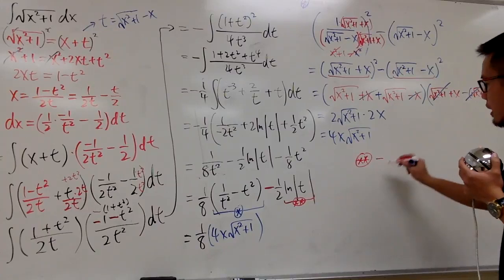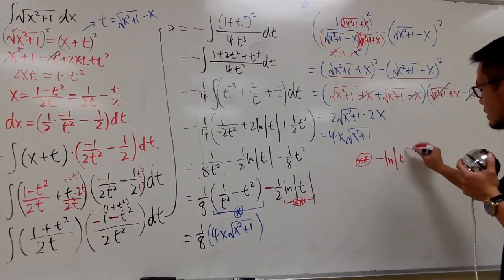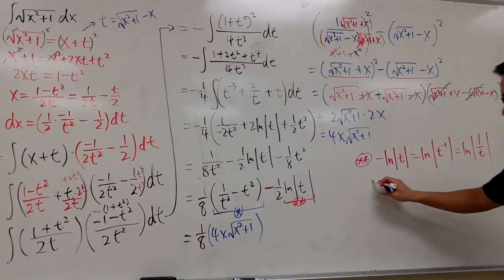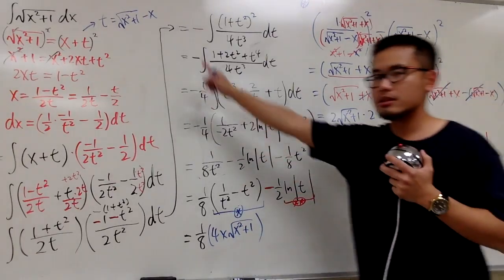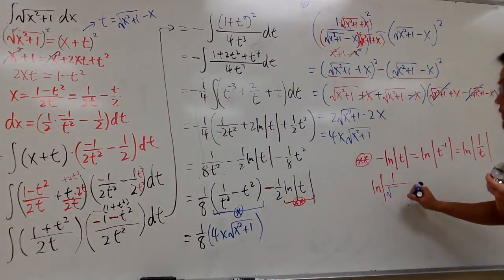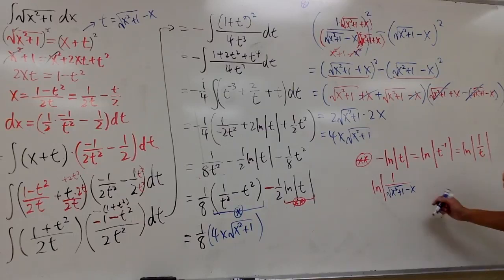Negative ln absolute value of t, which you know, bring the t to the top, so t to the negative 1, which is the same as ln absolute value 1 over t. So we will just put this down, square root of x squared plus 1, and then minus x, right? That's for the t.